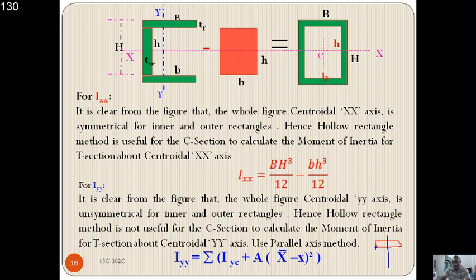Whereas for the web, its centroidal axis will be with respect to x, somewhere here. That means both the axes are not coinciding, they are parallel to each other. So hence we need to employ the parallel axis theorem to find the IYY for the channel section.